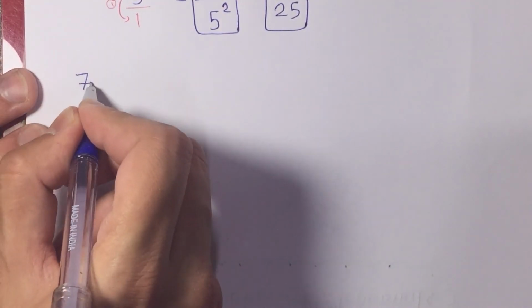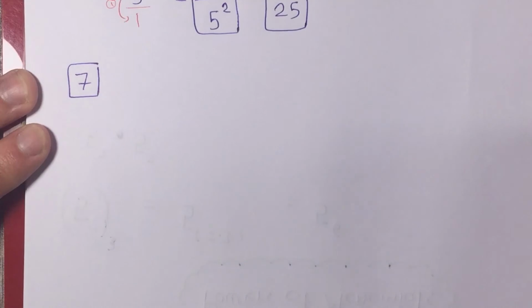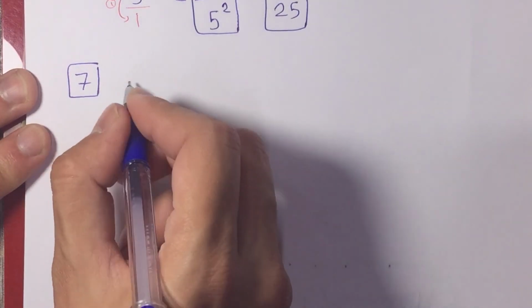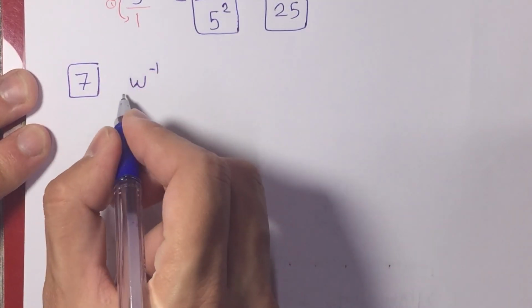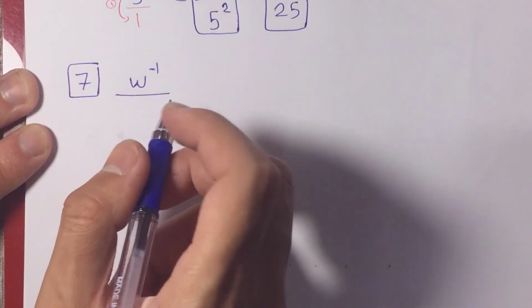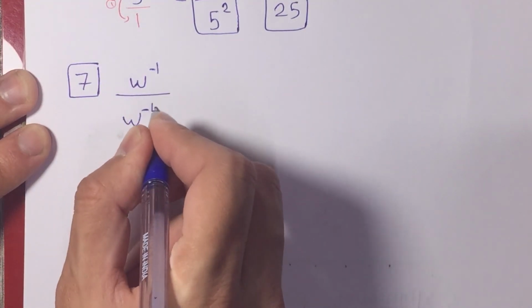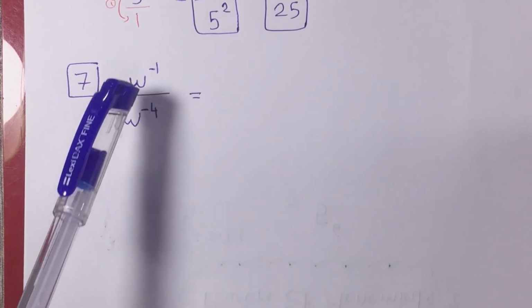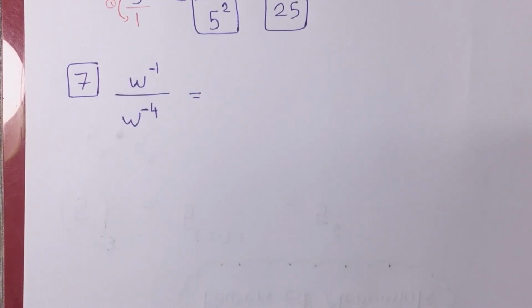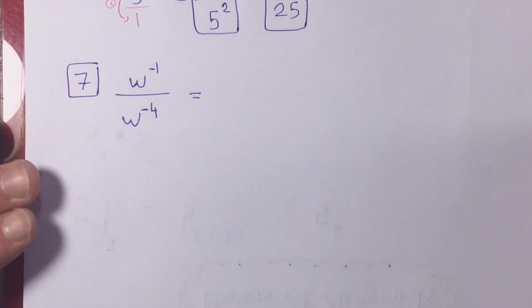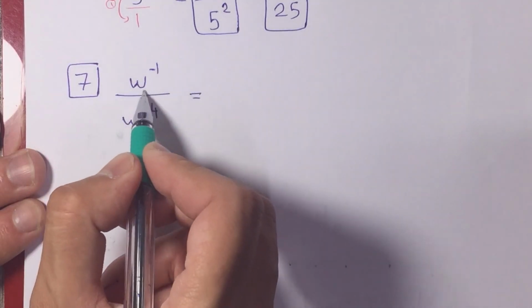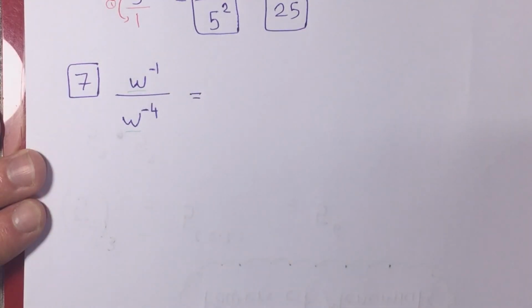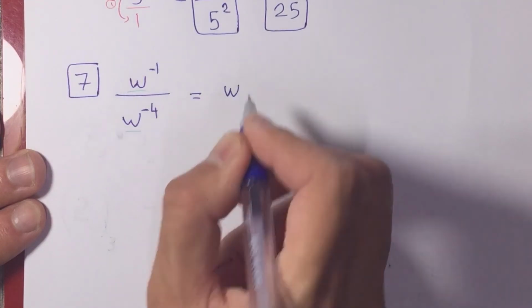Example number 7 asks us to calculate w to the negative 1 divided by w to the negative 4. Lesson 3, how do we divide monomials? How do we divide exponents? We have the same base here, which is w and w, so we write the same base.